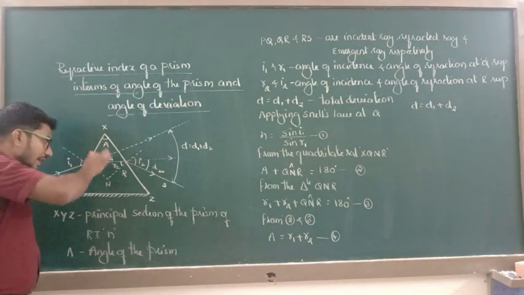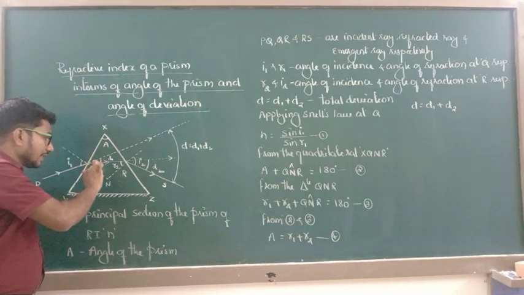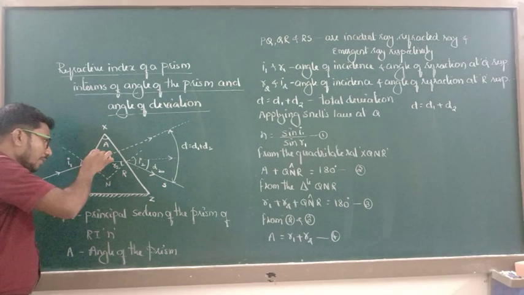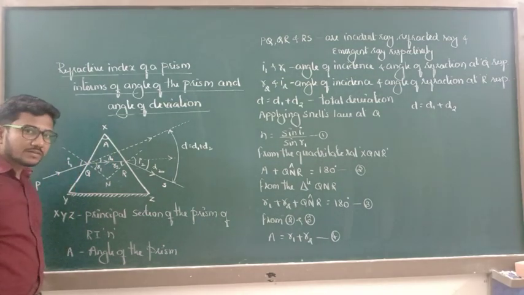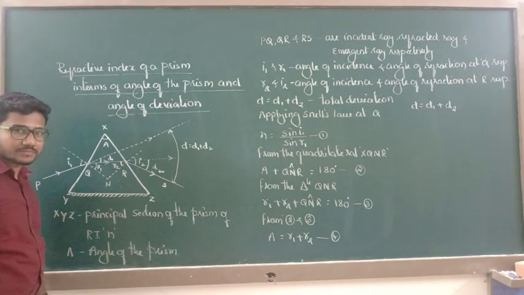This total angle is R1 plus D1, and it is equal to I1 because they are vertically opposite angles.